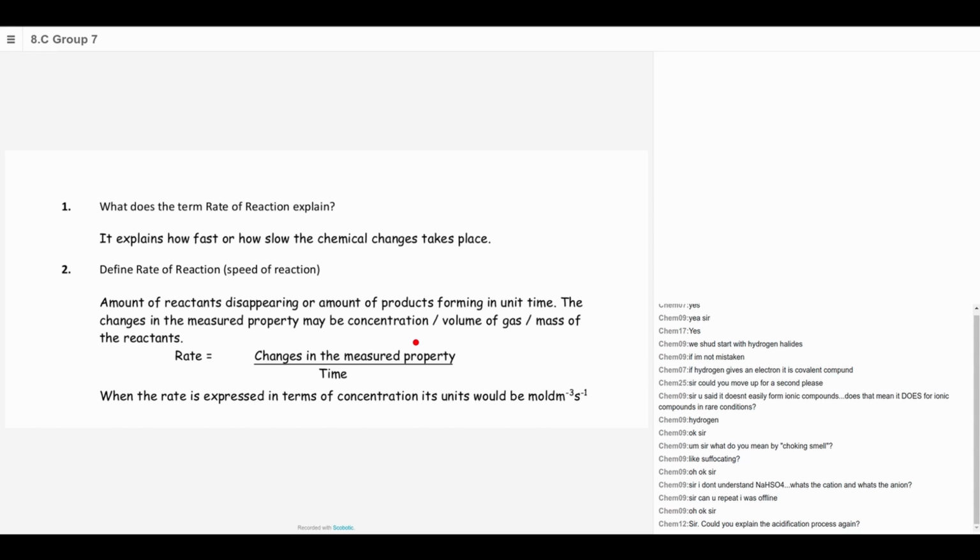The measured factor can be concentration, volume of gas, mass of products produced, or mass of reactants used. So in the rate of reaction, we study how these measured properties change with time. Given unit time, how these changes occur is what we study in kinetics.